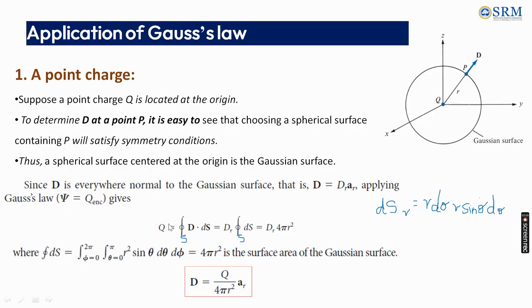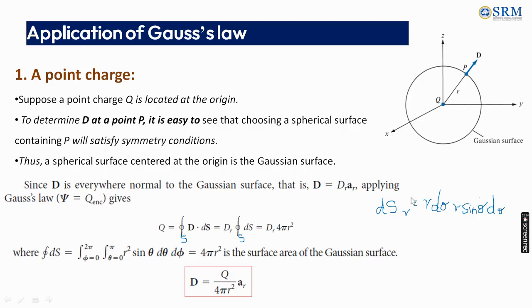Applying Gauss's law, the total flux is equal to the net charge enclosed. So Q is equal to the closed surface integral of the electric flux density dotted with the differential surface area.